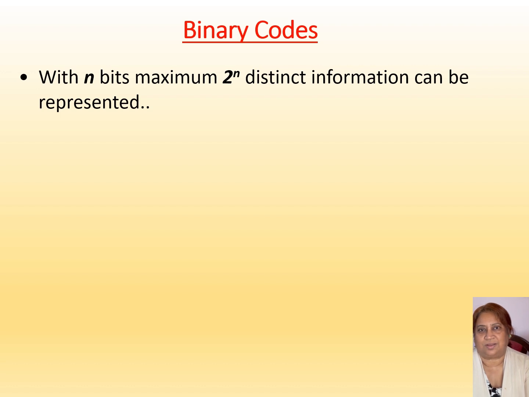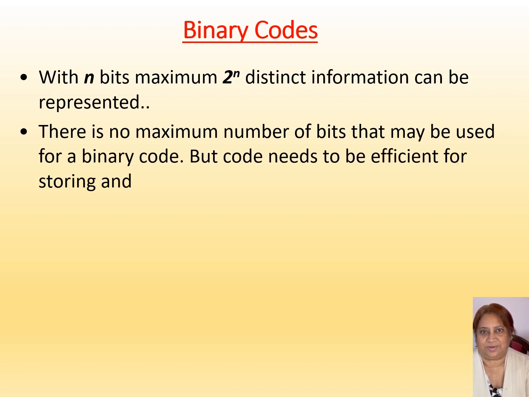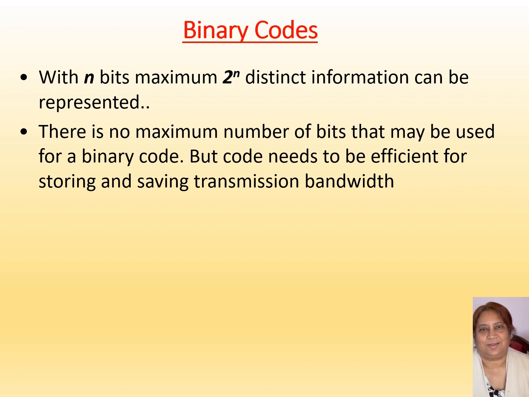And this n can be any number, but in choosing n, we should keep in mind that the code word should be optimized so that we get the benefit, right? We are transforming the original information into a different format. So we should get the benefit of saving memory space and transmission bandwidth. So code length should be accordingly.